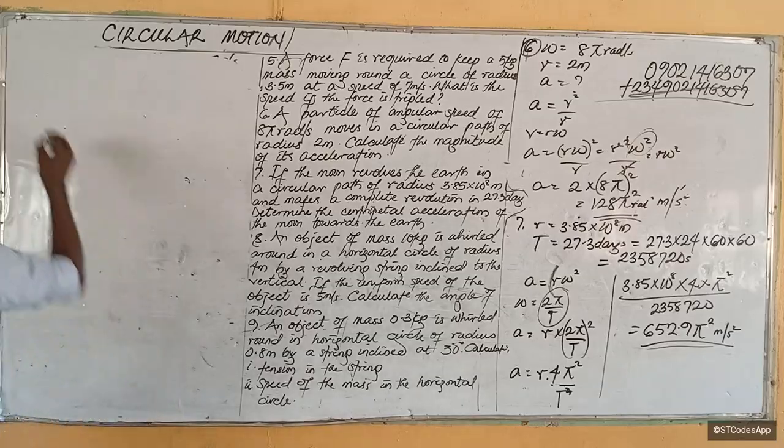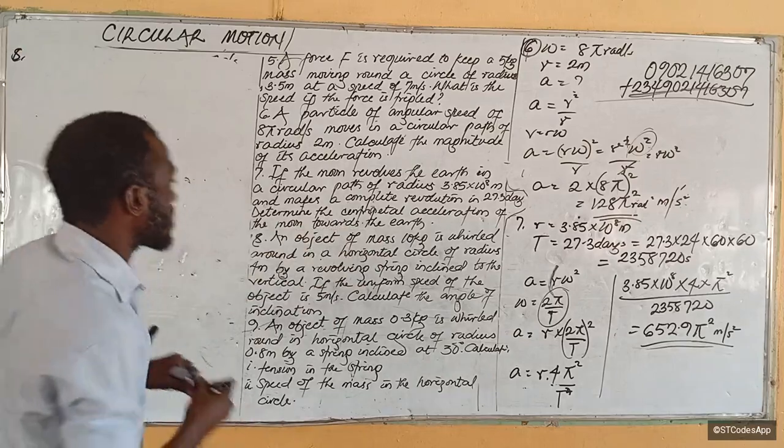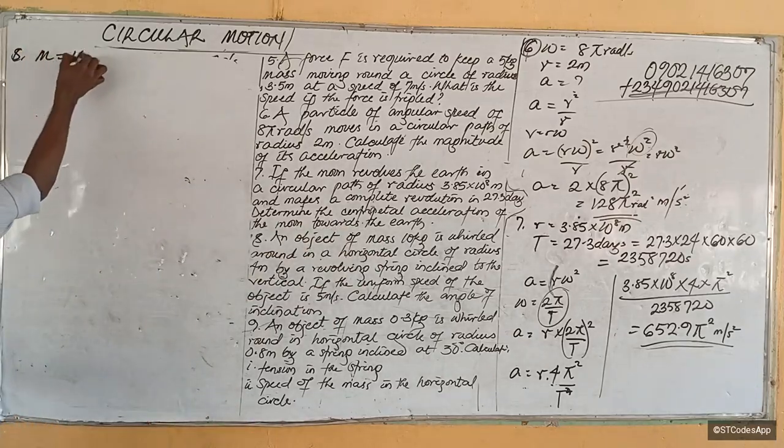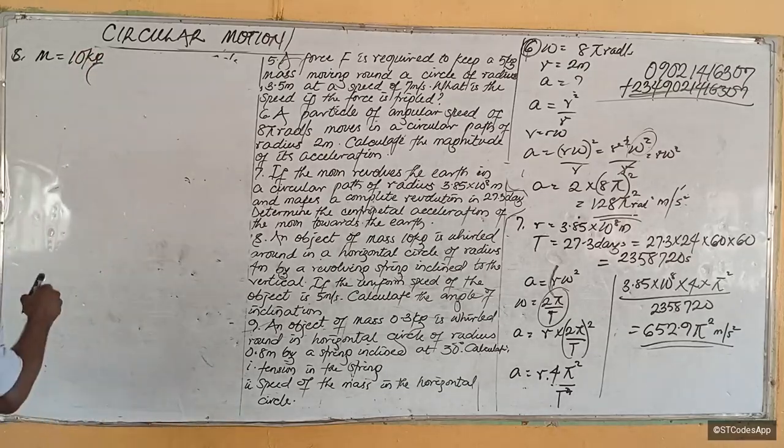So question 8 says, an object of mass 10 kg is whirled around in a horizontal circle.